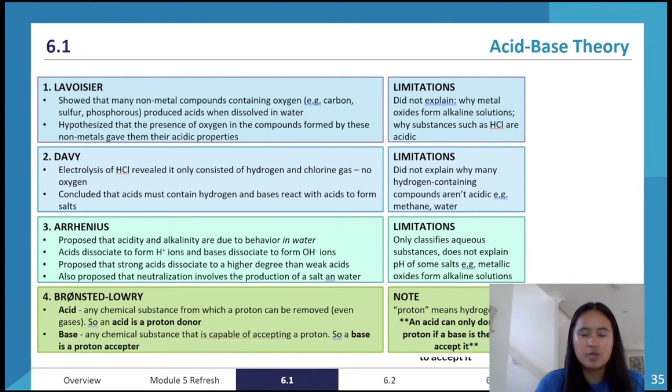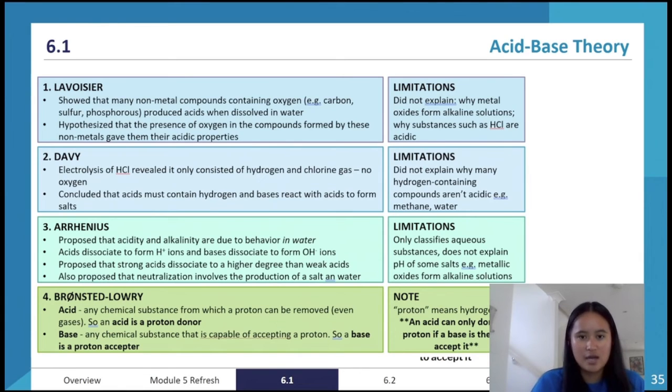So Arrhenius got it right on, proposing that acidity and alkalinity are due to behavior in water specifically, because that's correct. The way the acids and the bases react with water makes the hydronium and hydroxide, so that's right.